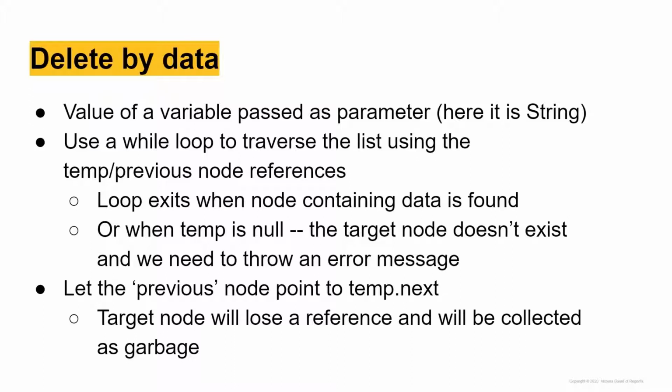All right. So we're going to use a while loop, again, to traverse the list using the temp and previous node references that we talked about before. Basically, just using these until we find the node that contains that piece of data, whatever that name string is. That's where we're going to stop because we found the thing we want to delete.